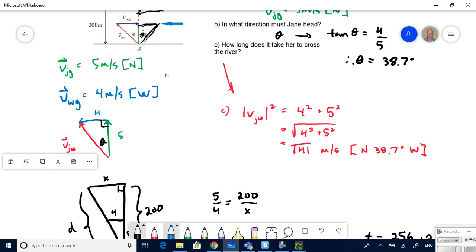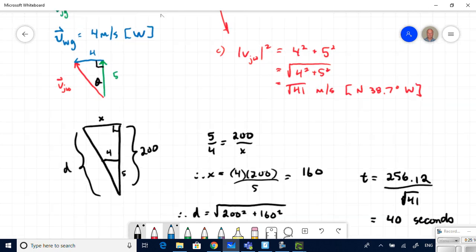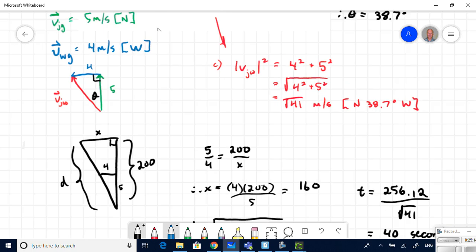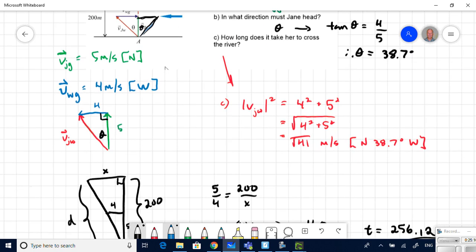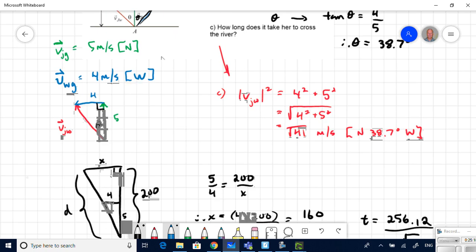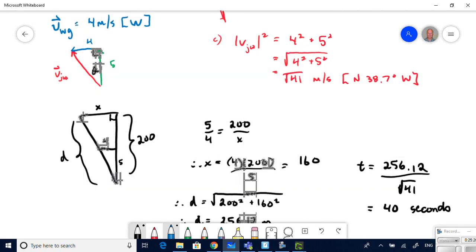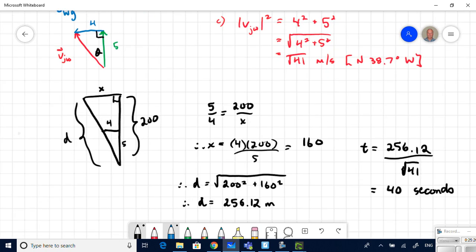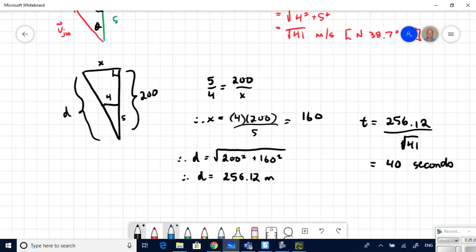C is a little bit harder. How long does it take for her to cross the river? So we need a time. I need the red vector, the velocity of Jane swimming in the water. That's a speed of square root of 41, which was just 4 squared plus 5 squared. Then I set up similar triangles and ratios.